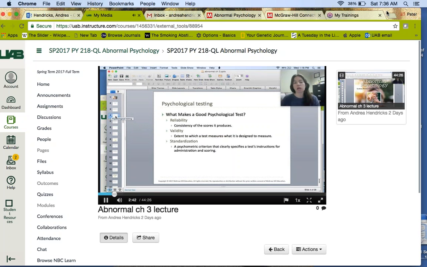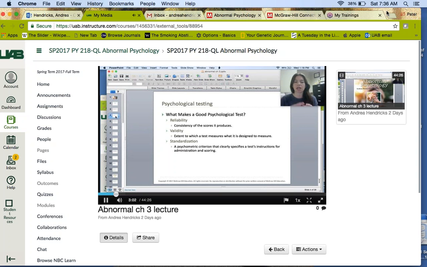What makes good psychological tests? You know these words from the last chapter. Reliability: we want it to consistently produce the same scores. Validity: the extent to which a test measures what it's designed to measure. And a word we didn't use before: standardization.